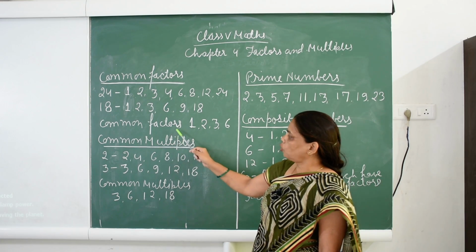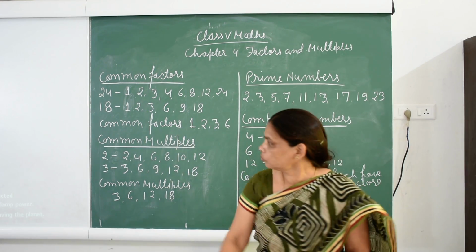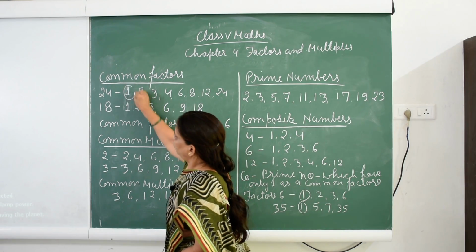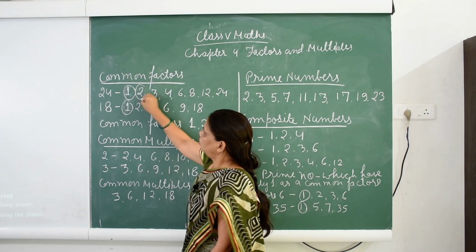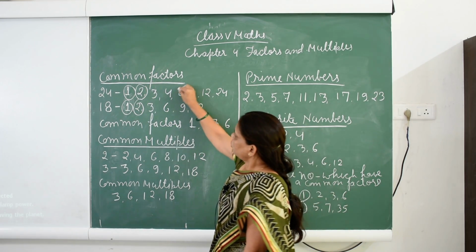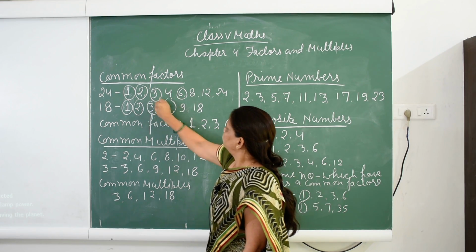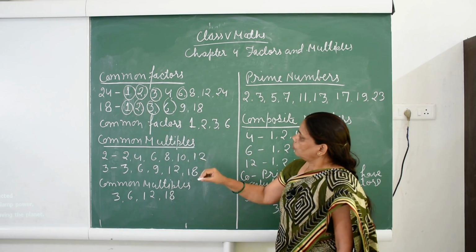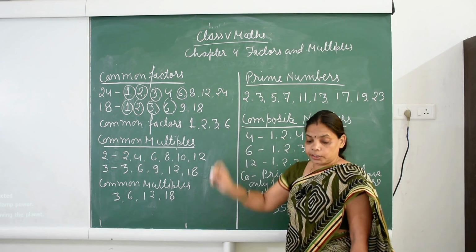So the common factors of 24 and 18 are 1, 2, 3 and 6. 1 is a common factor of both numbers 24 and 18, and 2 is a common factor of both numbers, and 6 and 3 also. So on, we can take this further too.